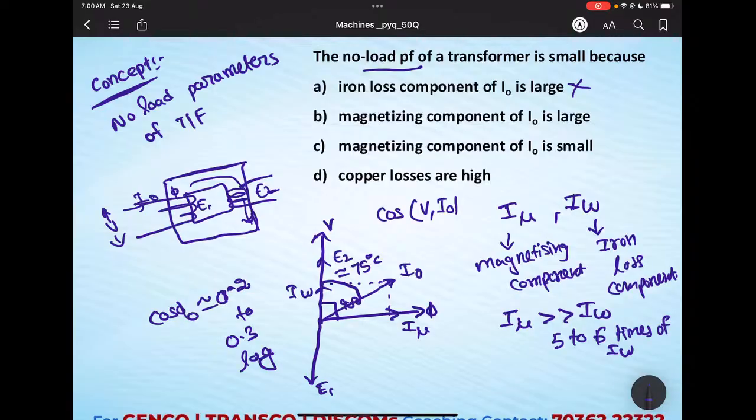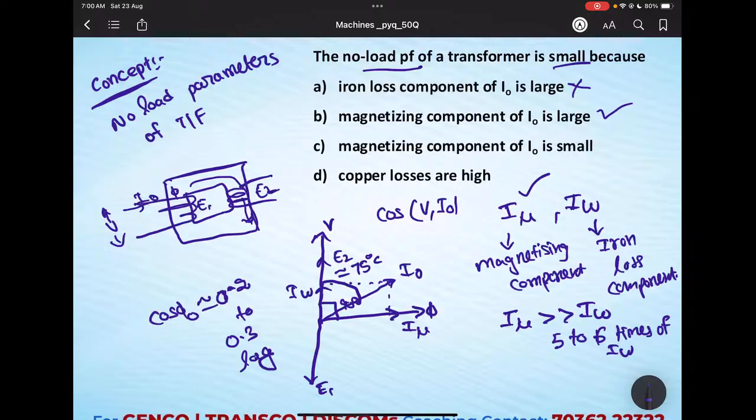Magnetizing component of I naught is large. Since the magnetizing component is large, the resultant phasor of I naught is going to be more lagging, by about 75 degrees, from the applied voltage. The major reason for small power factor is that the magnetizing component is very large.